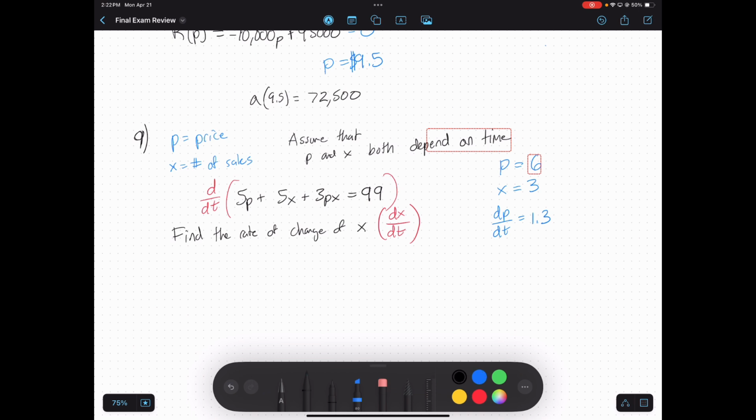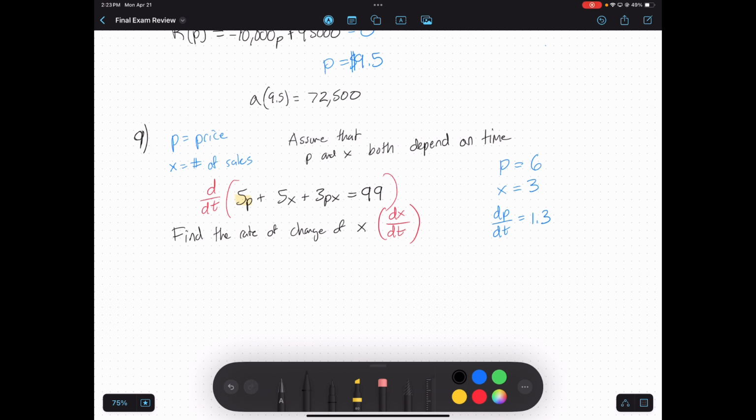So I'm going to take the derivative of this whole function in terms of t. So let's break it down each piece, right? One of my derivative rules is you can separate it by addition or subtraction and focus on each of the different terms. Okay, so tell me about this piece. First one. What's the derivative of 5p? Normally, if I were taking this derivative in terms of p, what would my derivative be?